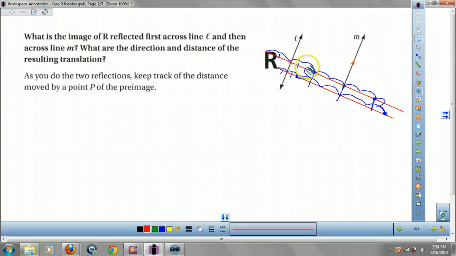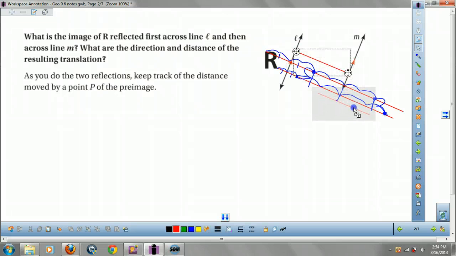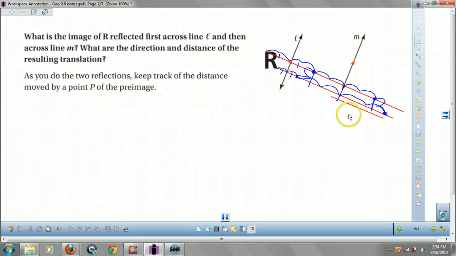Now let's get a ruler. I want to show you something neat. Let's take this distance right here, the distance between those two. Let's see how far apart these two R's are.